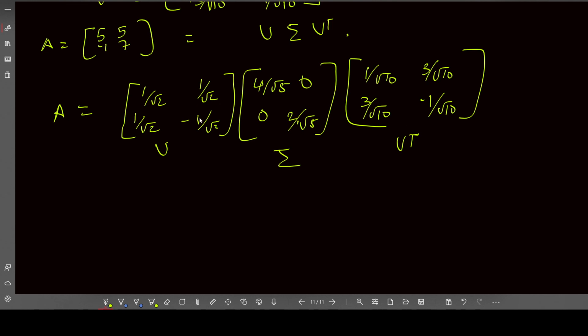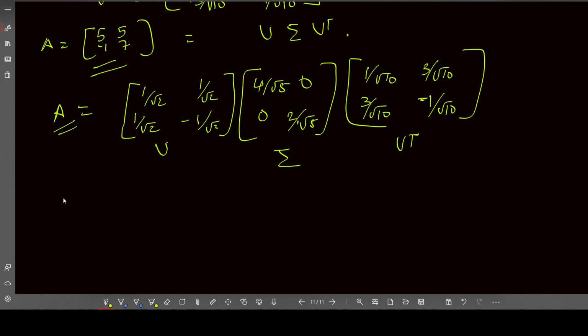Just multiply these matrices, U sigma and V transpose, and check if you get the same matrix 5, 5, minus 1, and 7. You can take this up as an exercise. If you've done all the steps correctly, you will get it correct. The multiplication will equate to the matrix A. You can use NumPy for it, it's super fast.